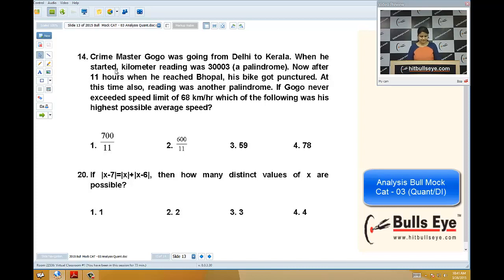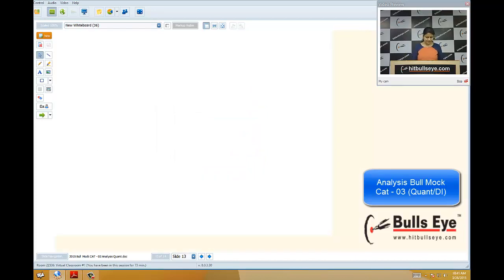It was a very easy question. It says MTNL has a waiting list of 5,005 applicants for its recently launched mobile phone scheme. The list shows that there are at least 5 males between any 2 females. Find the largest possible number of females in the waiting list. We want to maximize the number of females. That's why I'm starting the waiting list with a female.